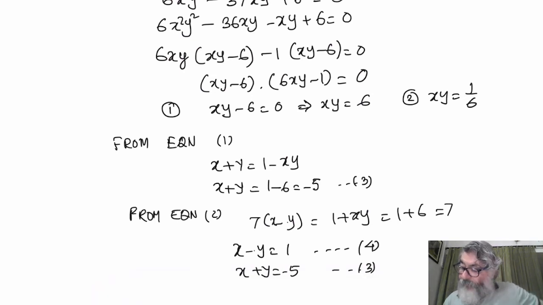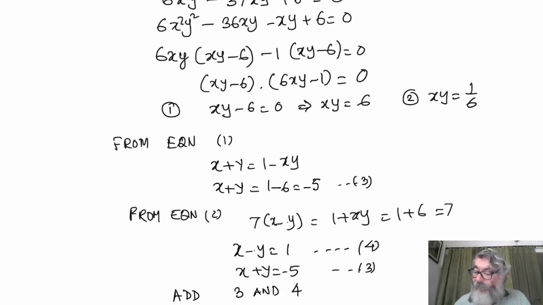So let us solve. Add 3 and 4. If you add 3 and 4, y will cancel. You will get 2x is equal to minus 4, that will imply x is equal to minus 2.